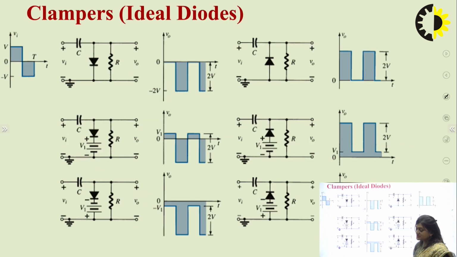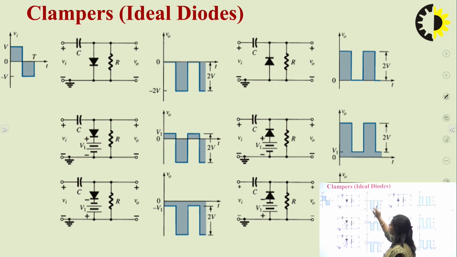Now these are the different circuits we can analyze with the help of the capacitor. This is the simple clamper, and this is basically negative clamping, because we can see the DC level was at this place and it has been shifted to this place.